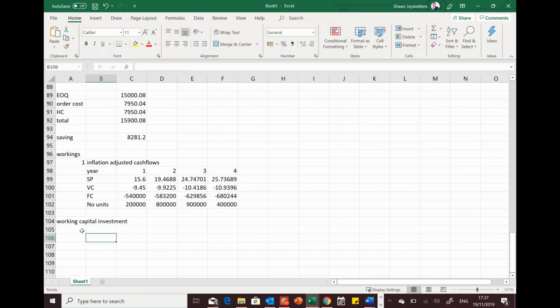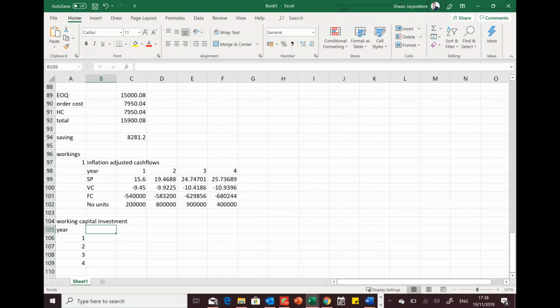So for my working capital investment, here's the year, 1, 2, 3, 4. I'm just looking at for each year, for my first year, how much working capital I need. But that investment has to be made in year 0. So I'll address that separately.